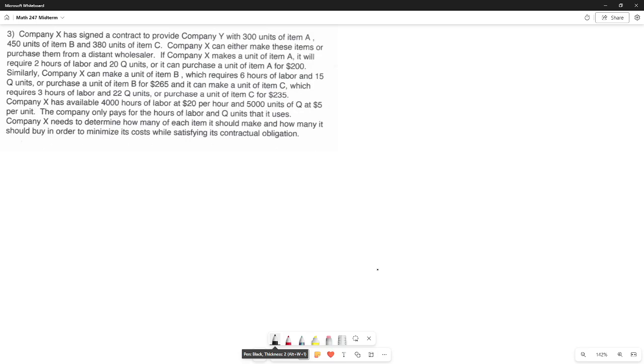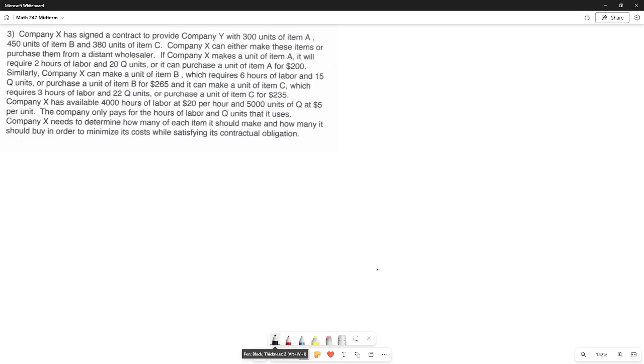So they're paying $5 every time they use 1 unit of Q. Now the company only pays for the hours of labor and Q units that it uses. So let's say they have 2,000 units of Q left over. They're not going to pay for that. They're only paying for what they use, similar to the hours.